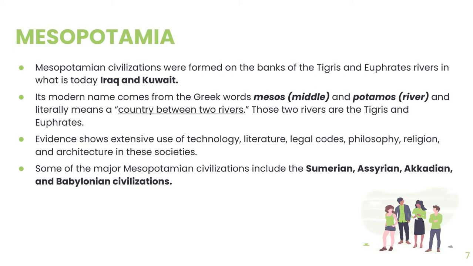Now, the Mesopotamian civilization was so extensive, mahaba yung kanyang timeline, that it covered various empires, which included the Sumerian, the Assyrian, the Akkadian, and the Babylonian civilization. So these four empires or civilizations are collectively known as the Mesopotamian civilization.